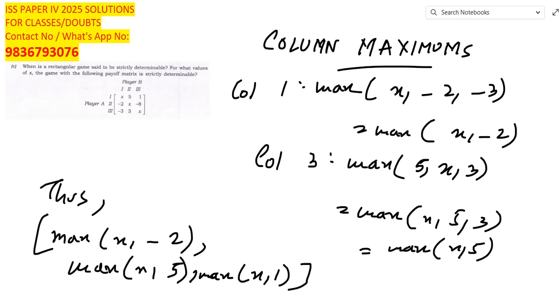So here now I will solve for saddle point, maximum of that, and minimize this one. So we'll do for the saddle point.